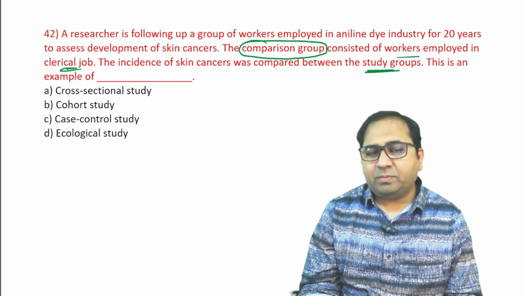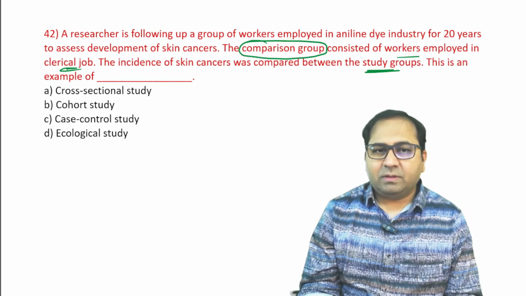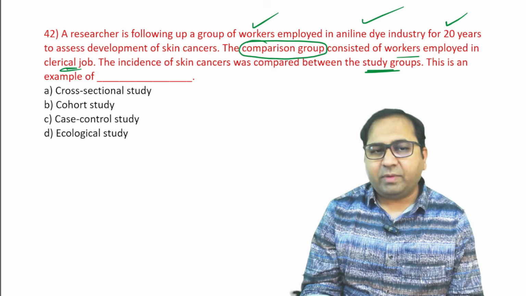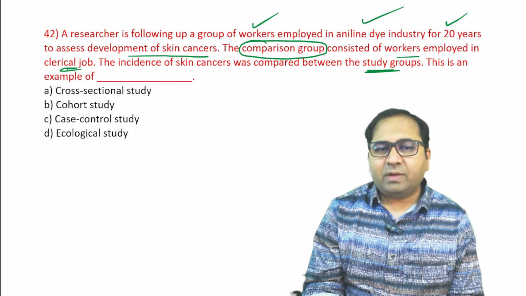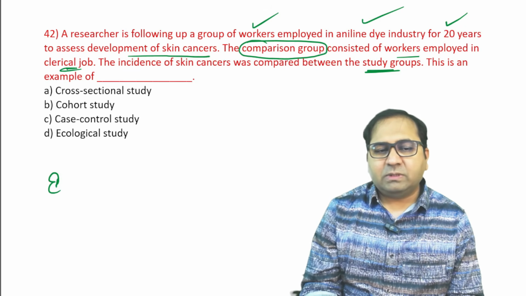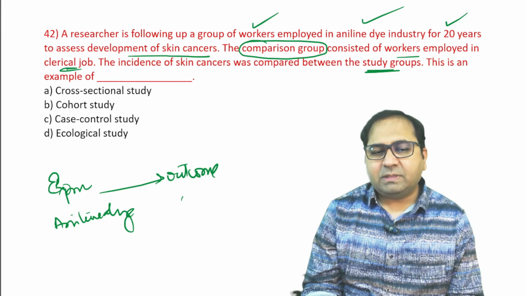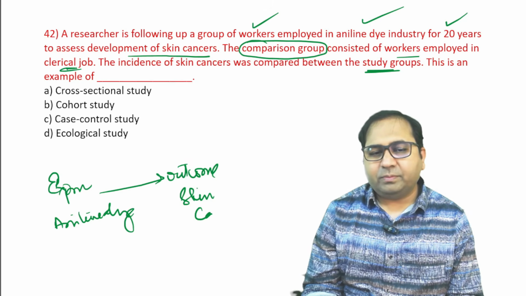By giving a comparison group, they are trying to confuse us. But they are doing research on workers employed in aniline dye industry for 20 years to assess the development of cancers. Exposure is aniline dye. What is the outcome? Outcome is skin cancers. So you know the answer now.